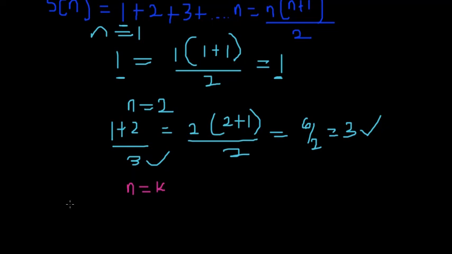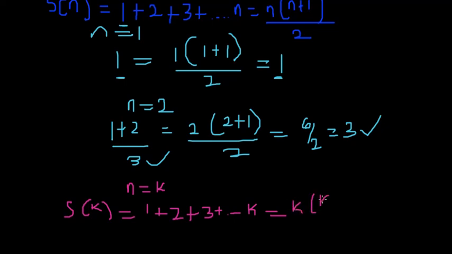So we have S of k, should be equal to 1 plus 2 plus 3 plus certain values up to k, to be equal to k, open bracket, k plus 1, divided by 2.